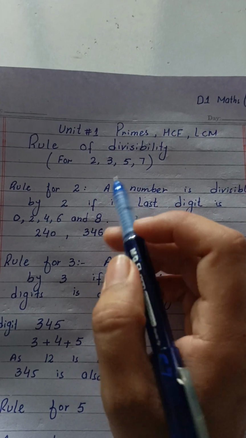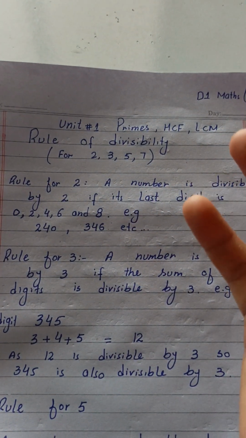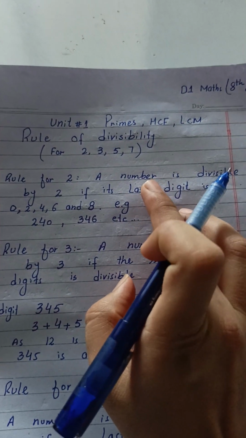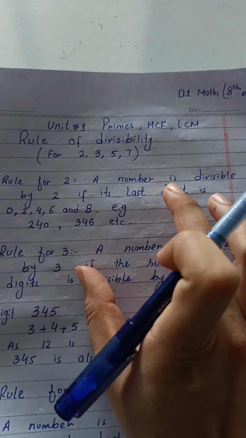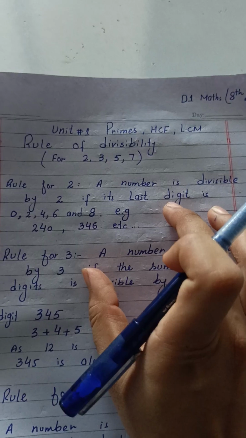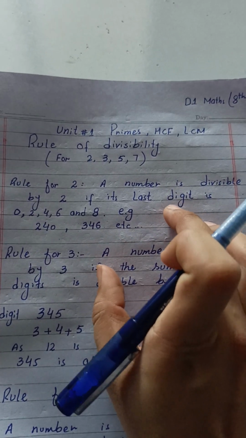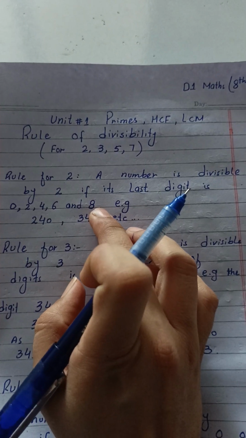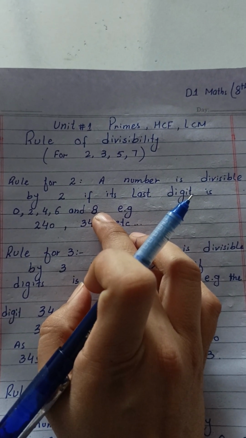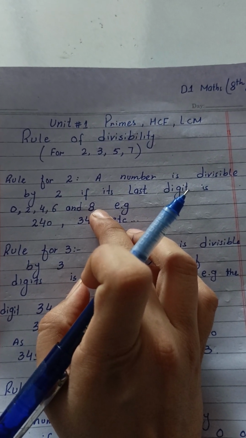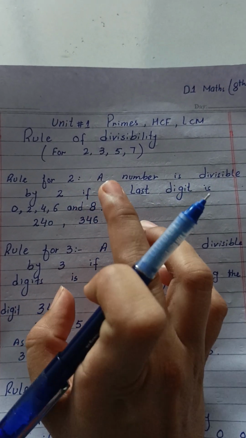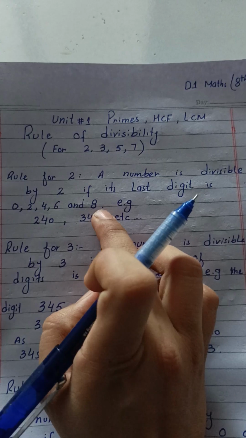The rule for 2 is: if the given number has a last digit 0, 2, 4, 6 or 8, then we say that the number is divisible by 2. Clear? For 2, you have to check the last digit of the number.